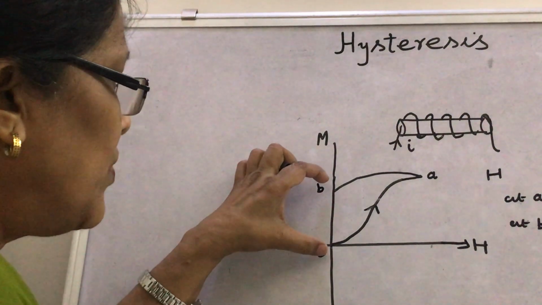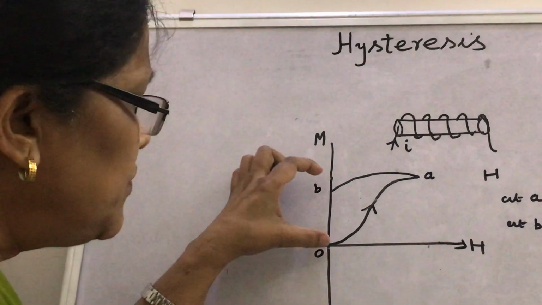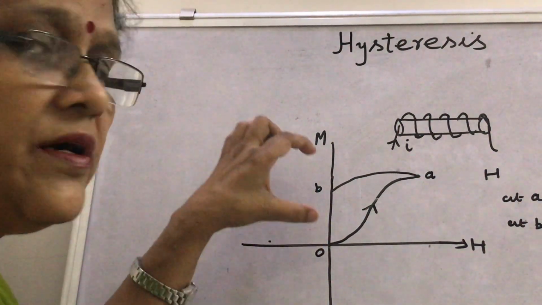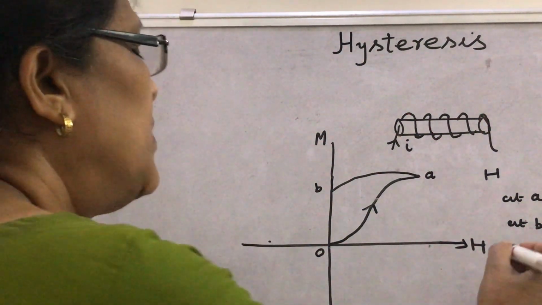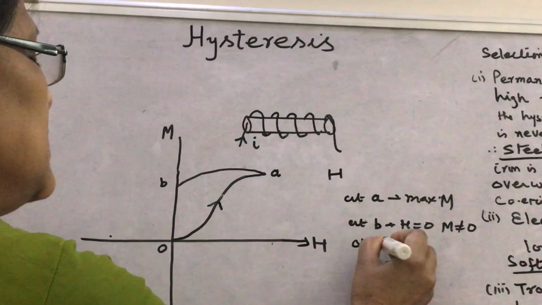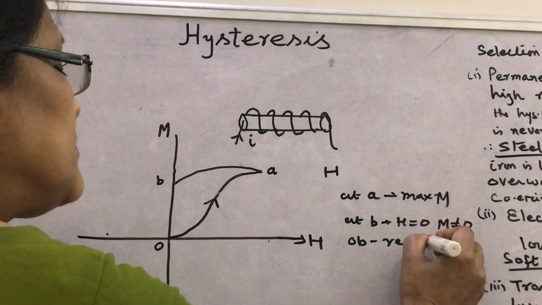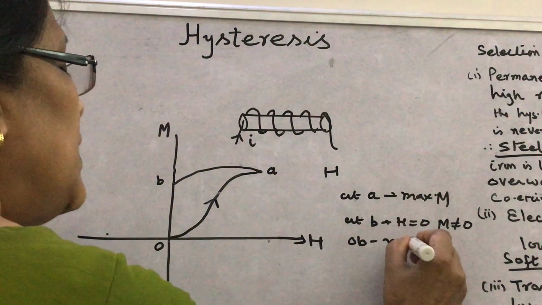This value OB is called residual magnetism or remanence or retentivity. OB is retentivity or remanence. We can say residual magnetism.